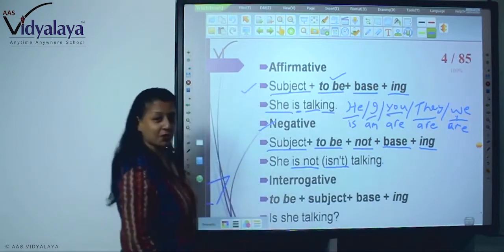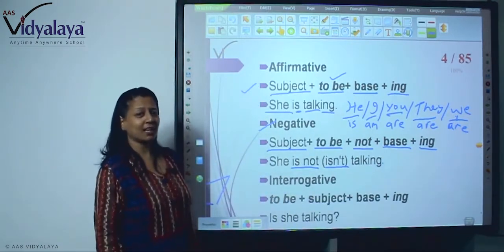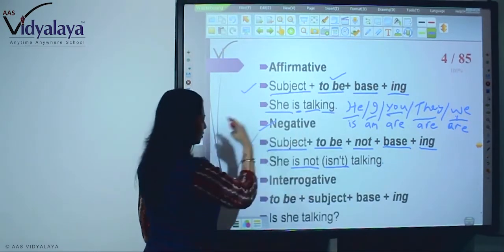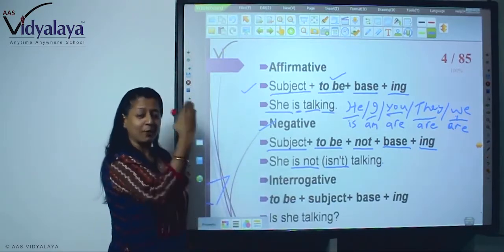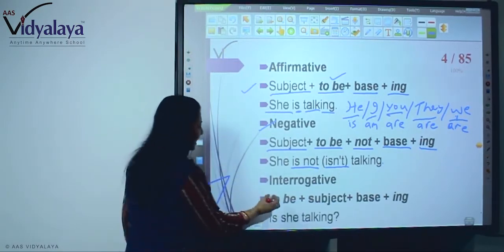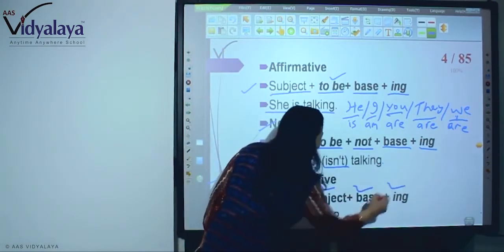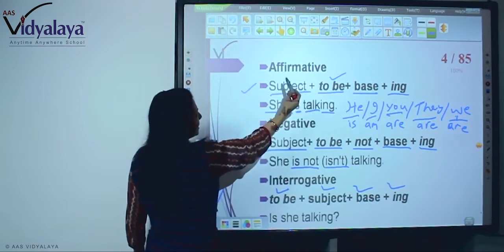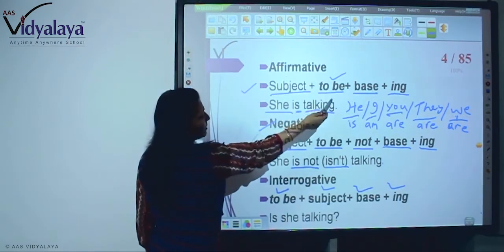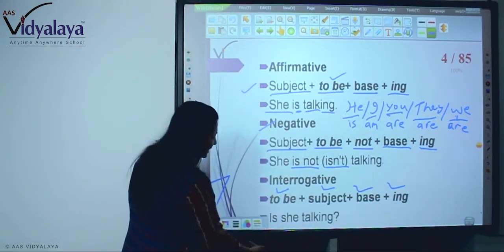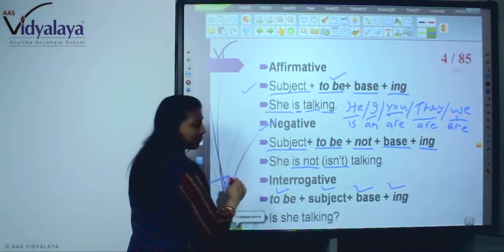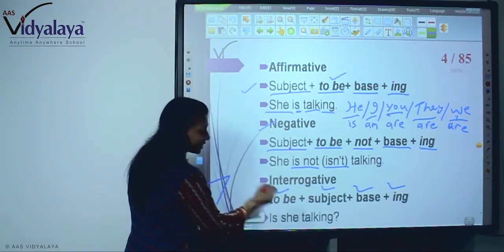Next, interrogative. How to make interrogative? All these auxiliaries you will have to put first. See here, to be first, then subject, then base, then ing. And everywhere subject was first, then to be plus base plus ing. Here there is a variation. To be will be first. Is she talking?